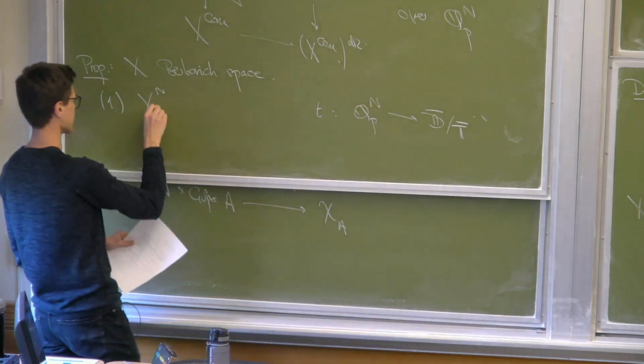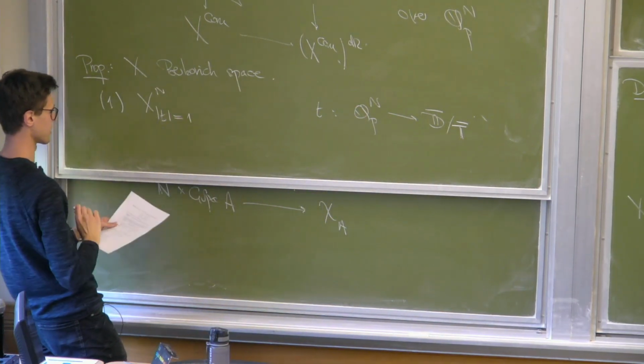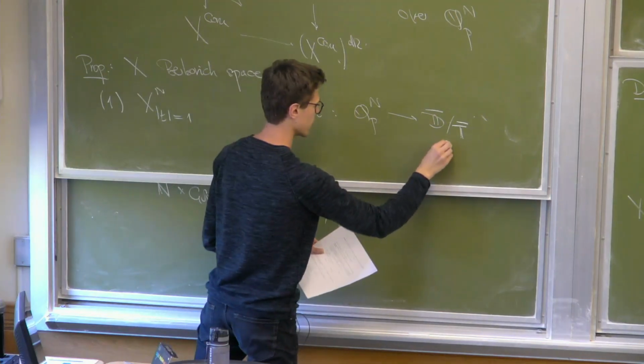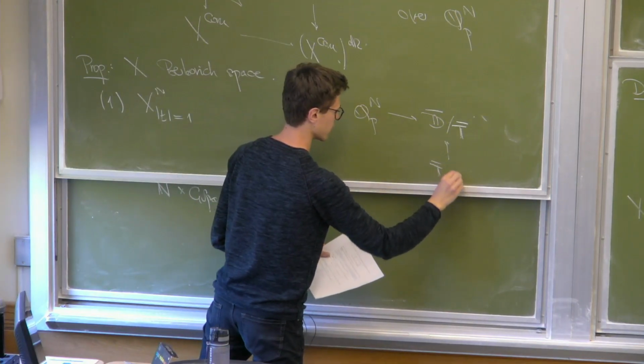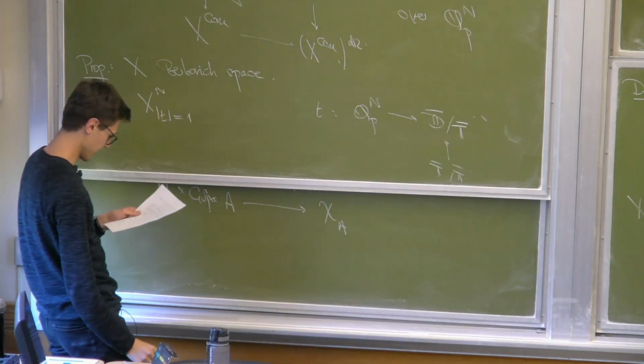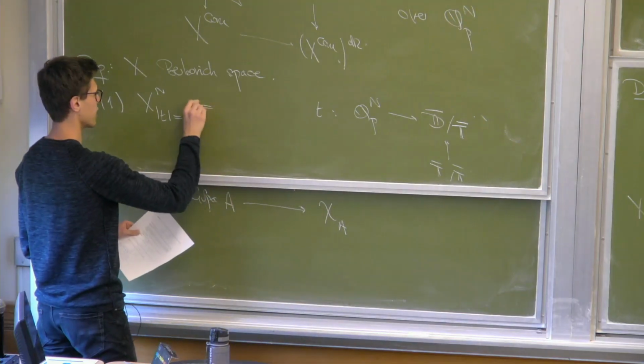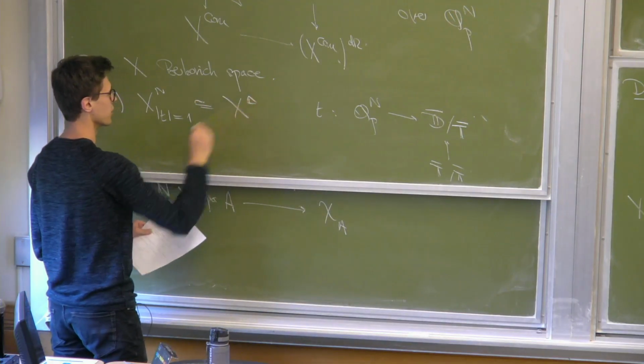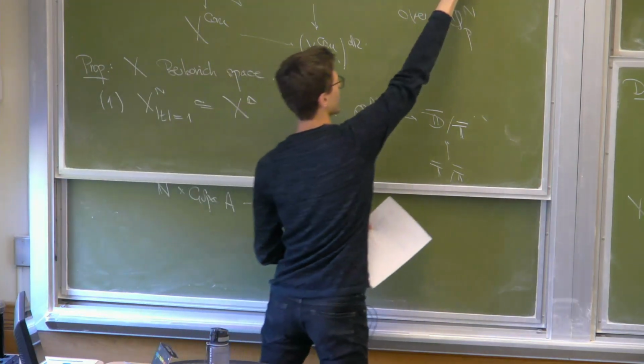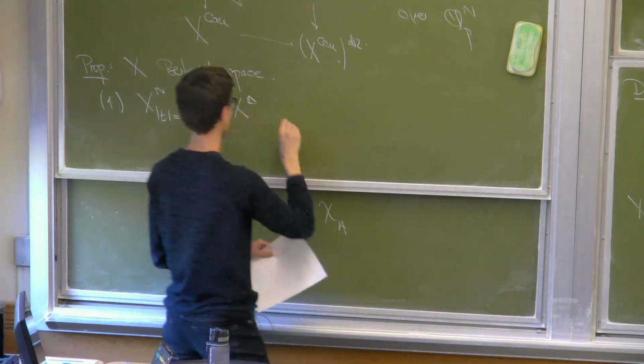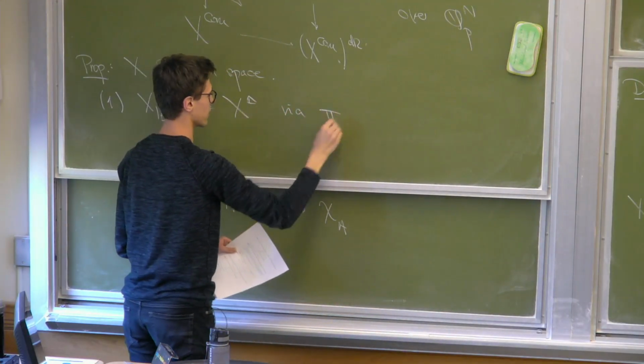So I can speak about the locus where T has norm 1, which is basically pulling back to here. My claim is that this is isomorphic to the prismatization of X via pi.